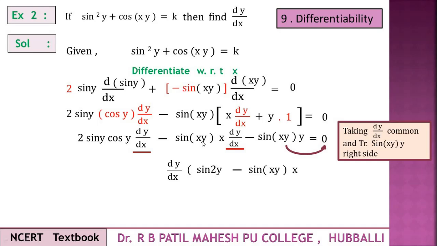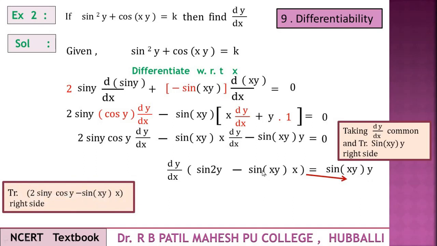So the complete bracket is equal to, now I'm transferring this term to the right side, minus becomes plus, sin of xy into y. So this is the simplification.